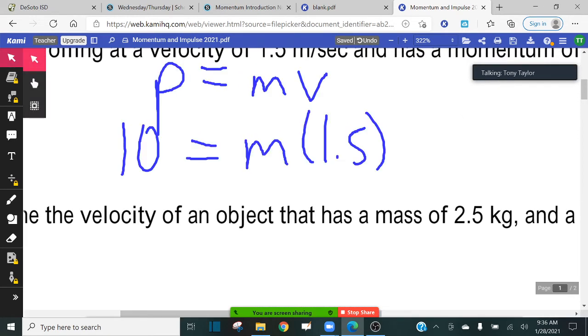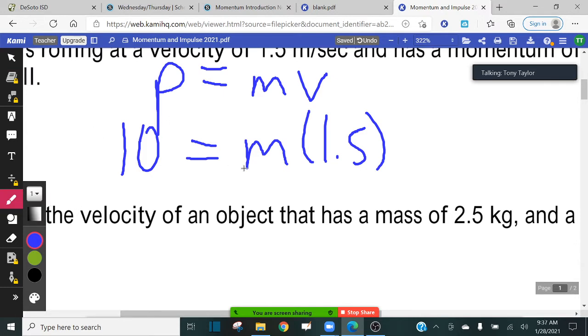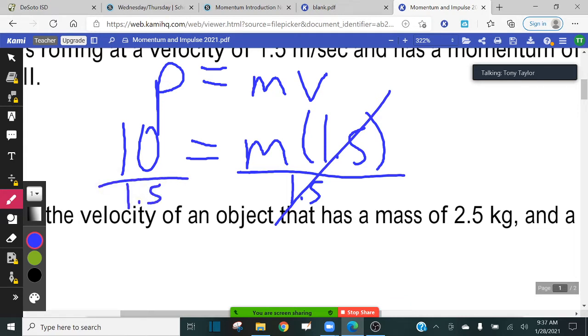In order to get mass by itself, it should be obvious that I have to do the opposite of multiplication. I have to divide both sides of the equation by 1.5, right? If I divide this side by 1.5, that goes away, and whatever I do to one side of the equation, I have to do to the other. So now divide that by 1.5.